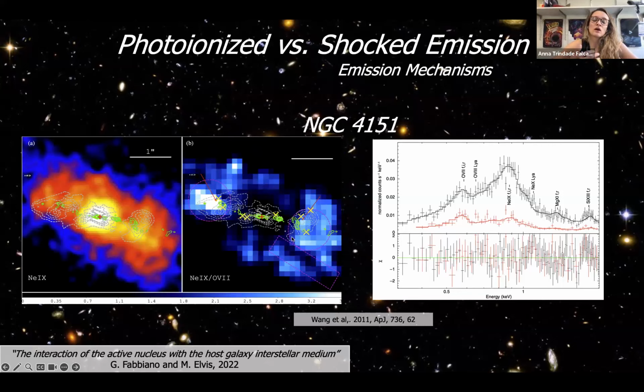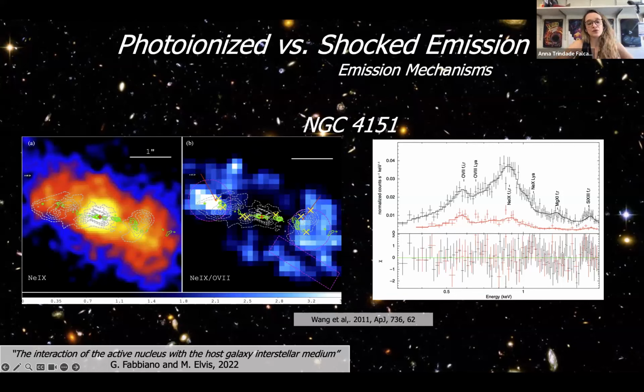And this clearly shows that the conditions across this soft X-ray structure are not uniform, and that you can have multiple emission mechanisms that can be contributing to the emission detected in each of these locations.